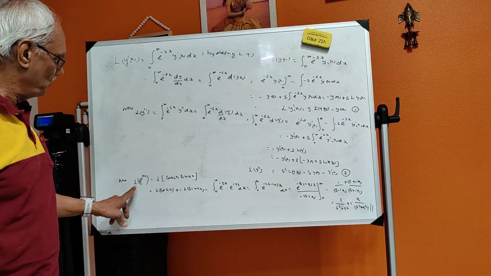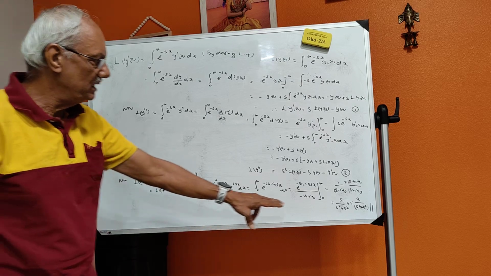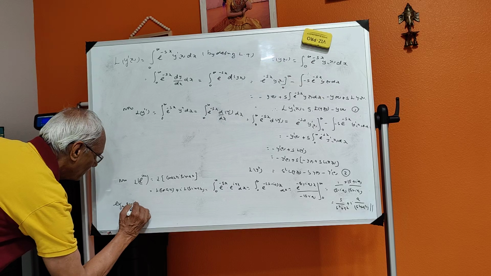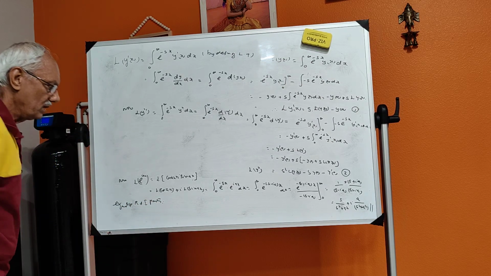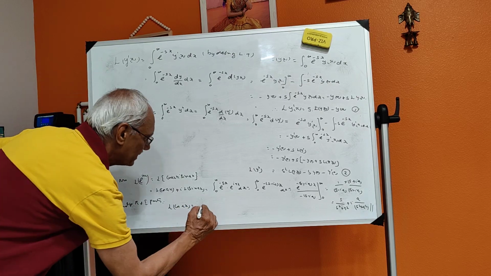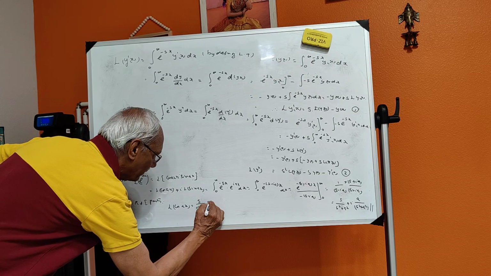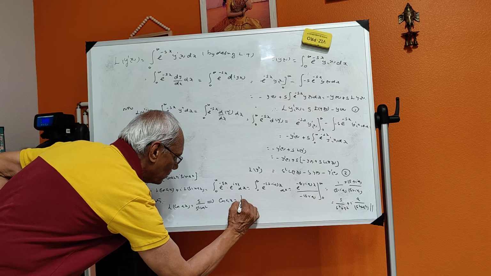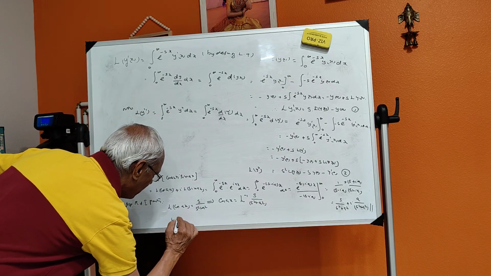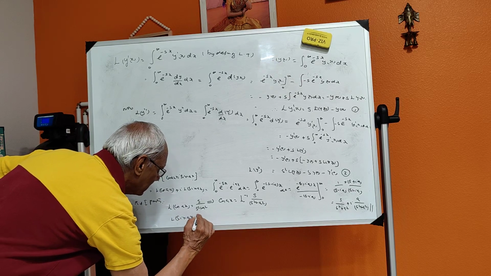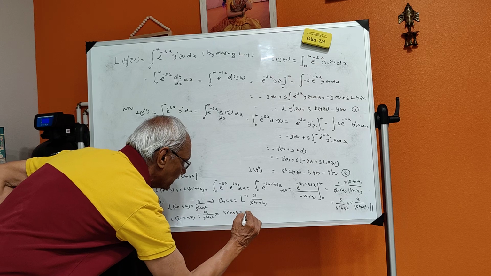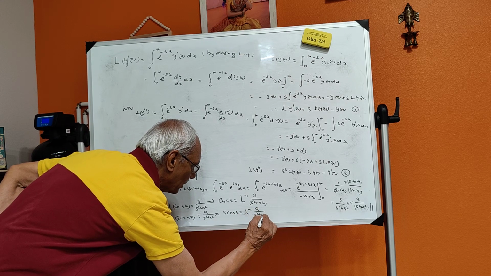So you see that the Laplace transform of e to the power of iax is equal to s by s square plus a square plus i into a by s square plus a square. Equating real and imaginary parts, we get L of cos ax is equal to s by s square plus a square, which implies cos ax is equal to L inverse of s by s square plus a square, and L of sin ax is equal to a by s square plus a square, which implies sin ax is equal to L inverse of a by s square plus a square.